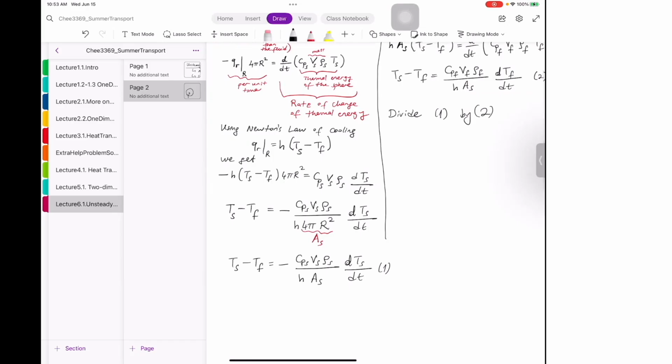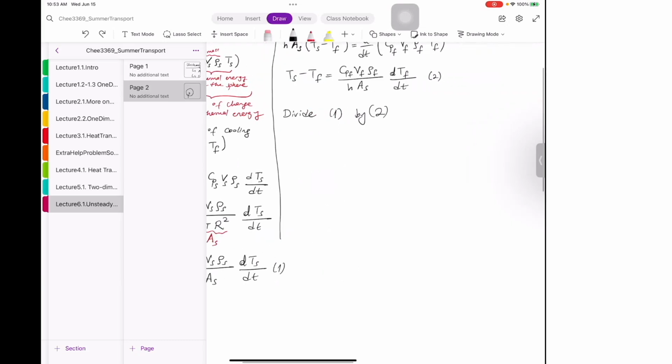If you divide 1 by 2, you cancel the left terms.